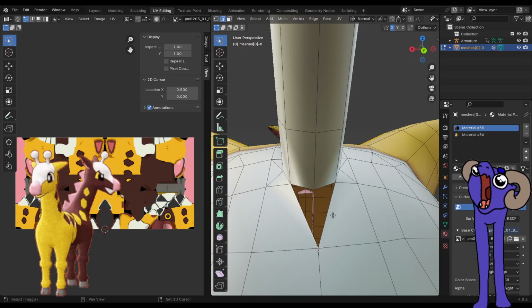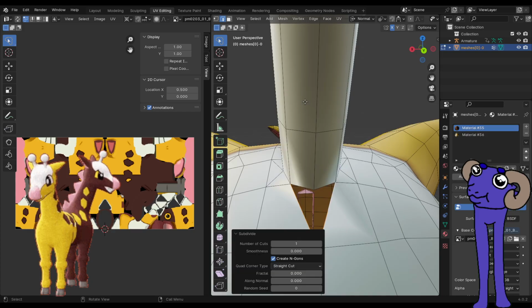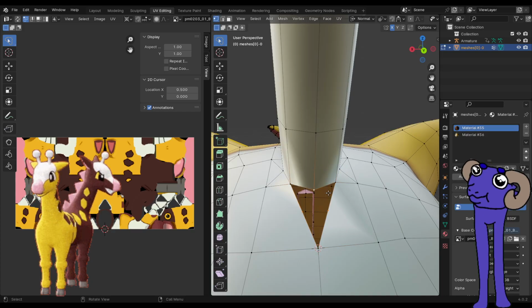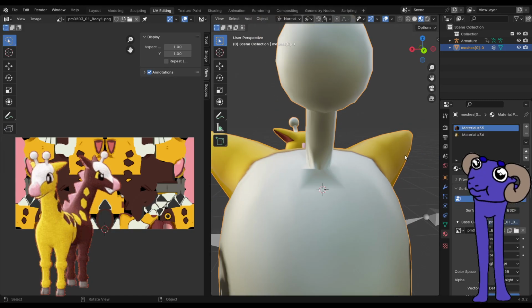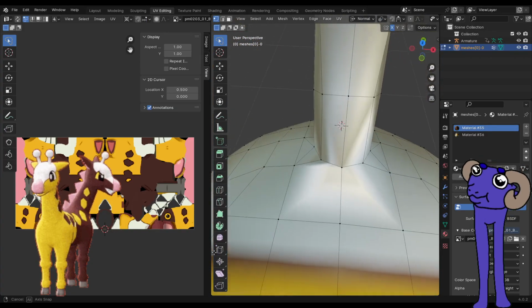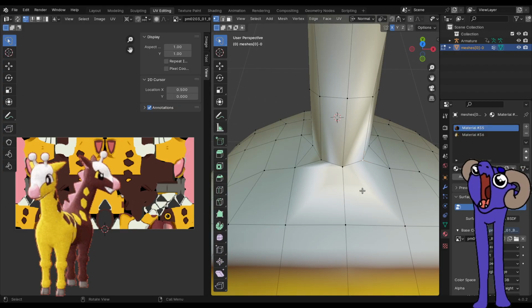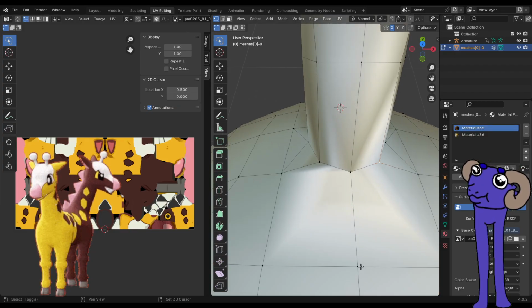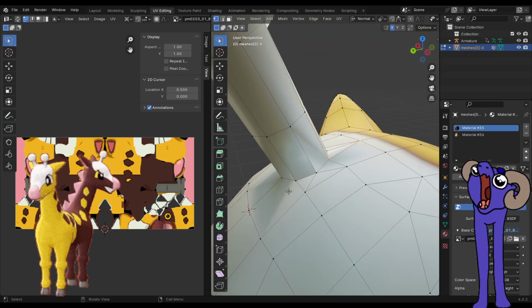And then do a similar thing back here. Okay, we do have some n-gons. That's fine, because I can fix those like that.